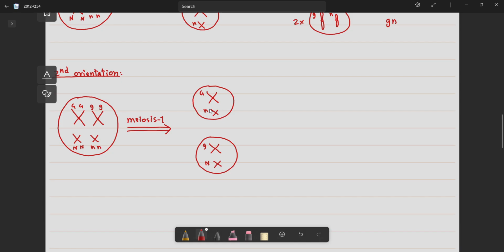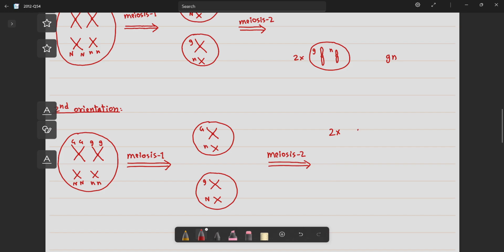So now we will go forward. This will undergo meiosis 2, which will produce two gametes. Similarly to the first orientation, we have chromosomes like this, non-homologous to each other.